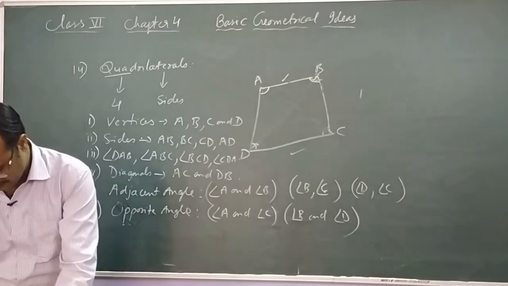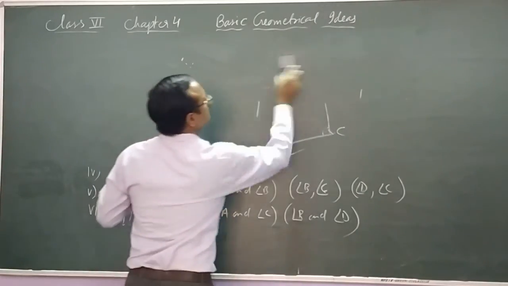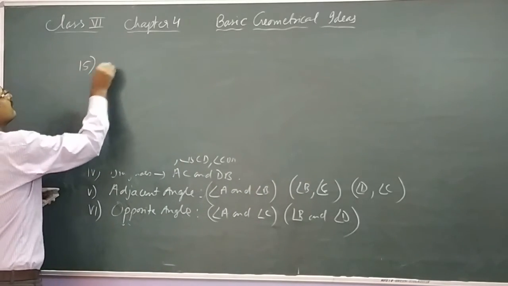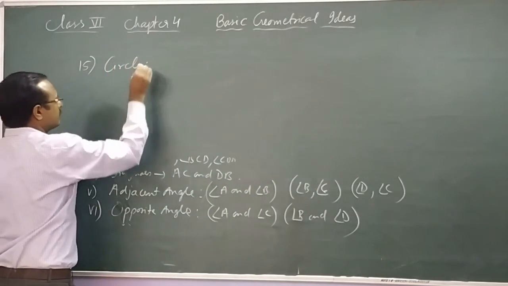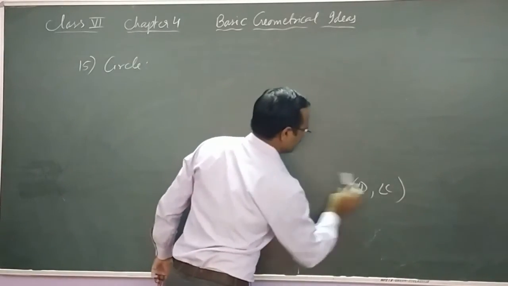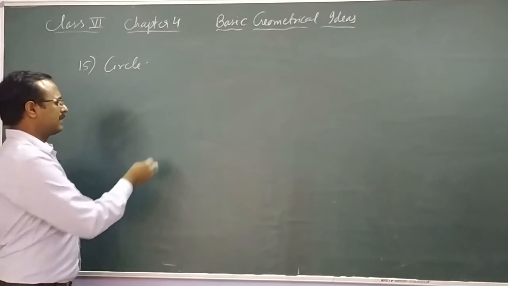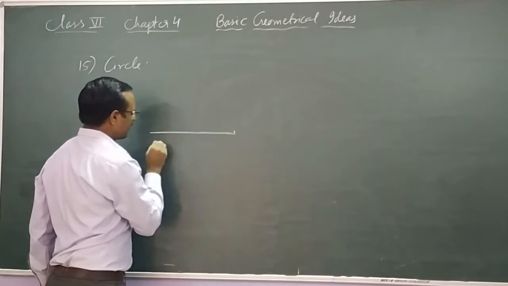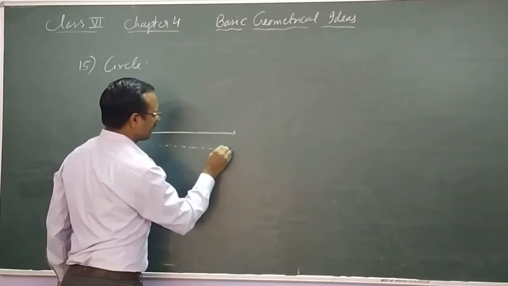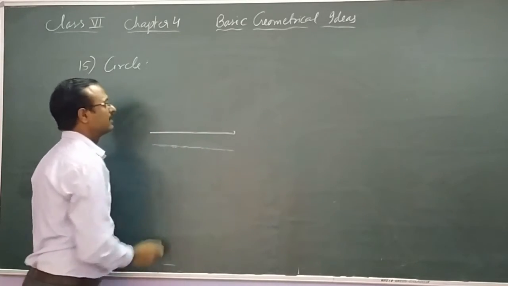Now the next topic is the circle. As you have seen, a line segment is made up of a set of points; there are a lot of points in it, and if you join all the points in a particular direction, it becomes a line segment.